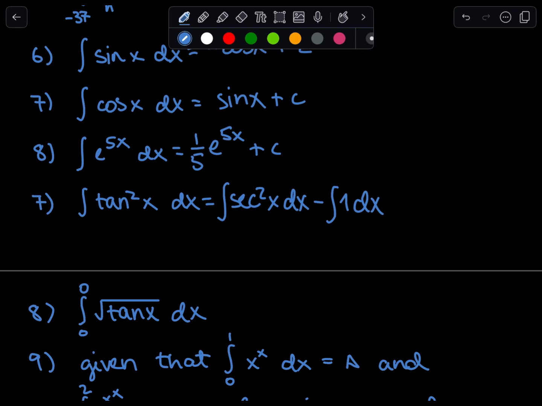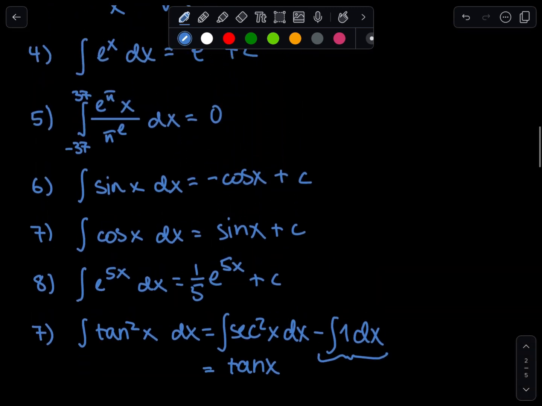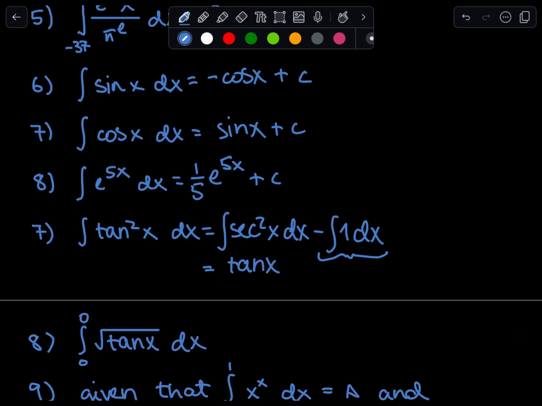Let's work on the two integrals one by one. Which function can we differentiate to get secant squared? And the answer to that is just tangent of x. Now I'm not adding the plus c yet, but I'll add it at the end since we also have to evaluate this indefinite integral.